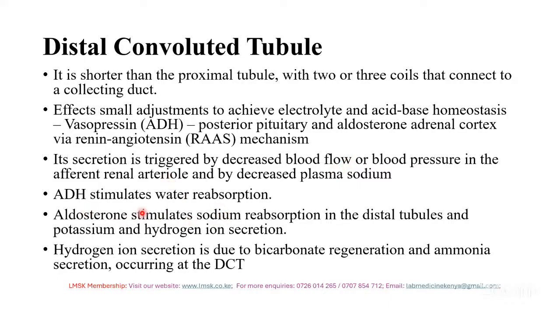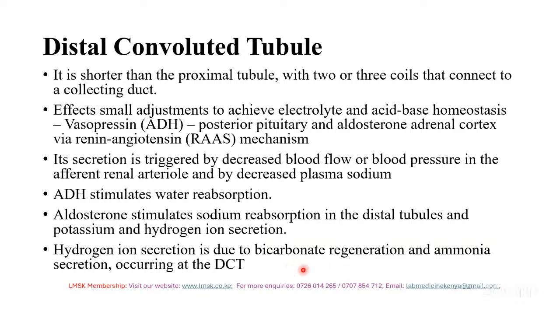Then ADH stimulates water reabsorption. Aldosterone works on sodium, as I mentioned, and other ions now move along that particular control as passive molecules, because when you're controlling sodium, then you're controlling chloride passively.